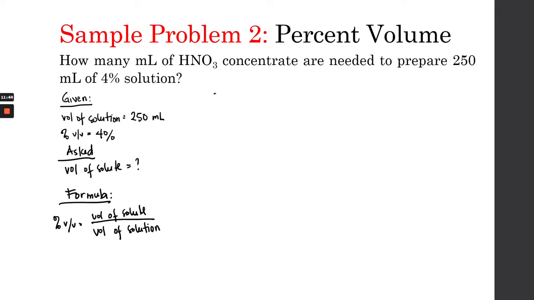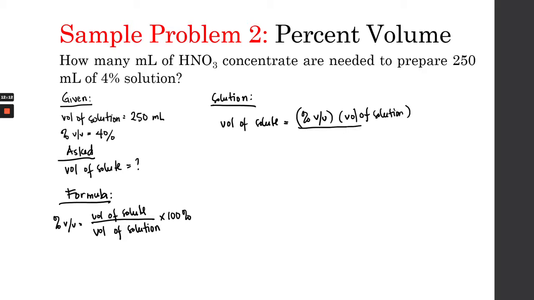Again, we just have to rearrange this equation to get the volume of solute. The volume of solute is equal to percent volume multiplied by the volume of the solution, and then we divide both sides by 100%. Okay, so let's plug in the numbers.